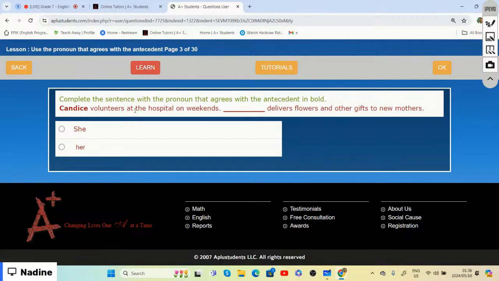Then Candace volunteers at the hospital on weekends. So Candace, do we say she delivers flowers and other gifts to new mothers? Or do we say her delivers flowers and other gifts to new mothers? We need to select the pronoun either she or her that agrees with the antecedent in bold, which is Candace.